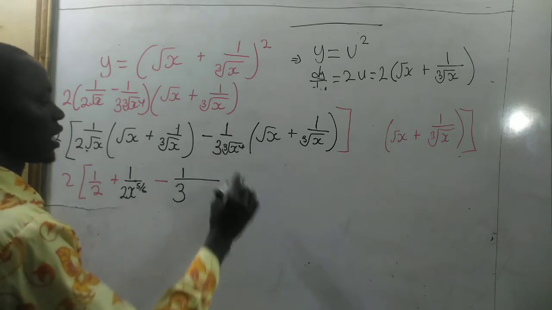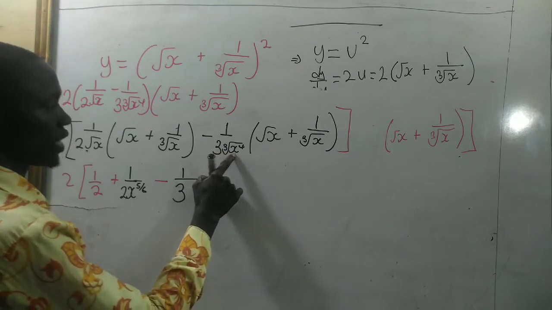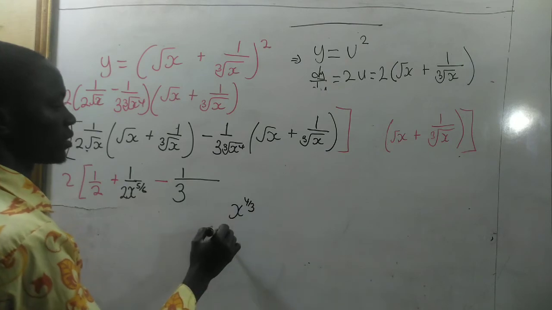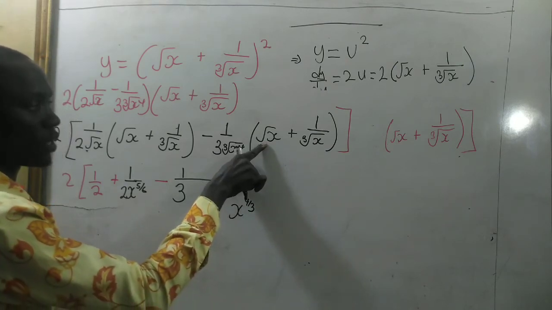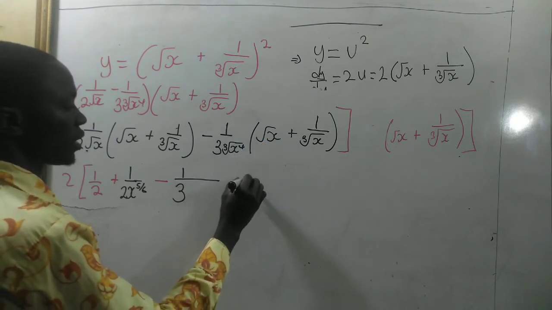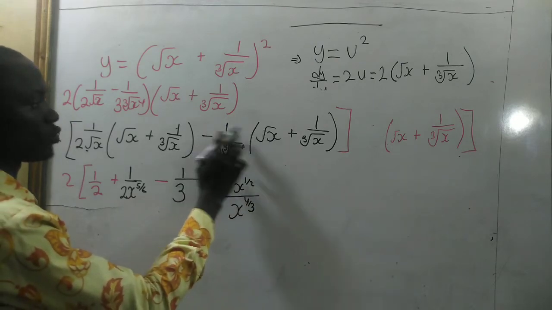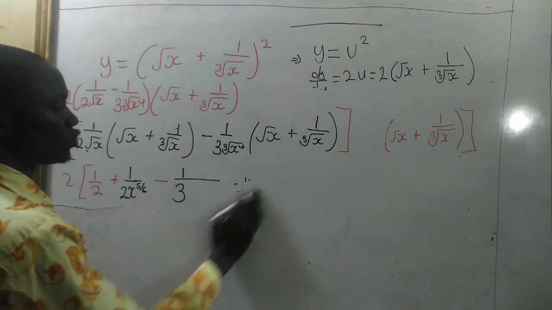Then we are going to have cube root of x to the power 4, which is the same as x to the power 4 out of 3. And we are going to divide it by x to the power half. Very simple, because when this one multiplies, it will come to the top, and this one will come under. It will be of this form.